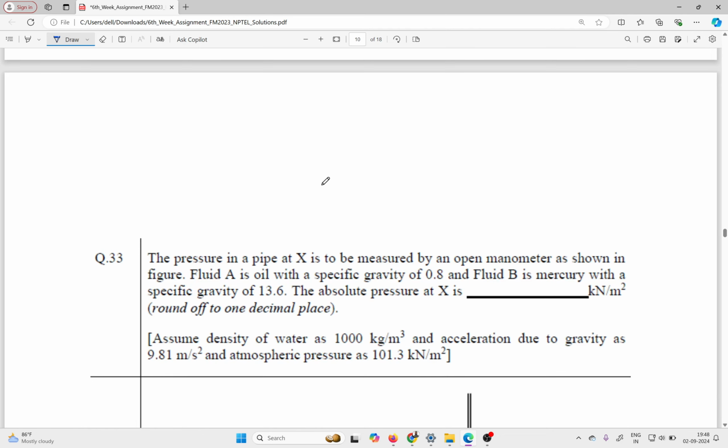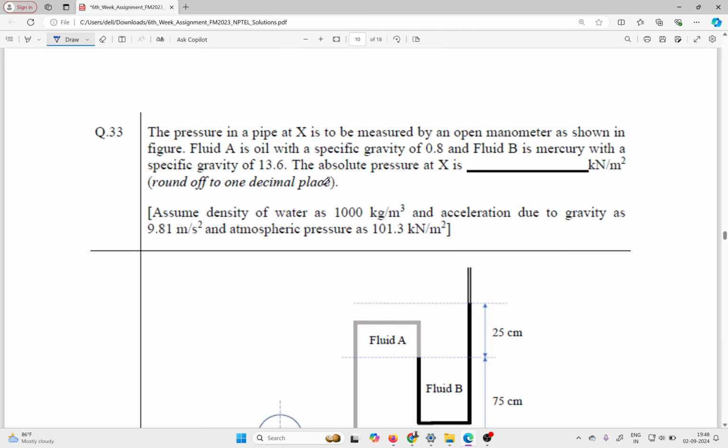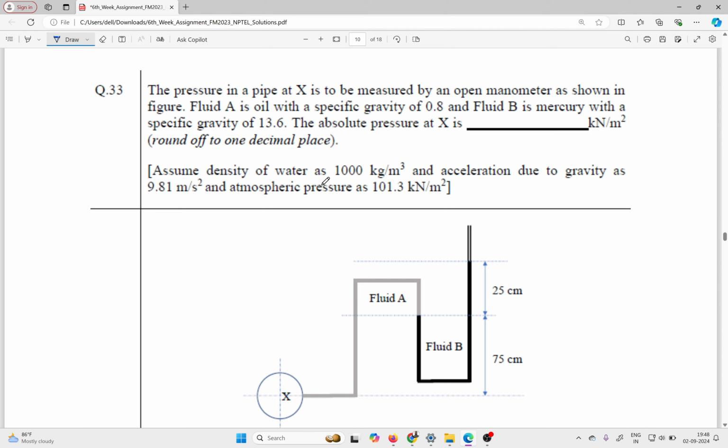Next question, this is from GATE 2023, I think. The pressure in a pipe at point X is to be measured by an open manometer as shown in the figure. Here is P atmosphere.